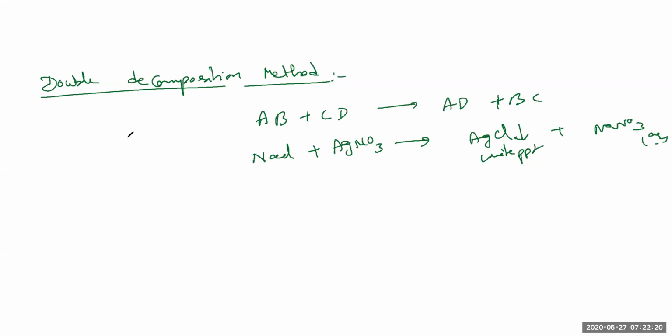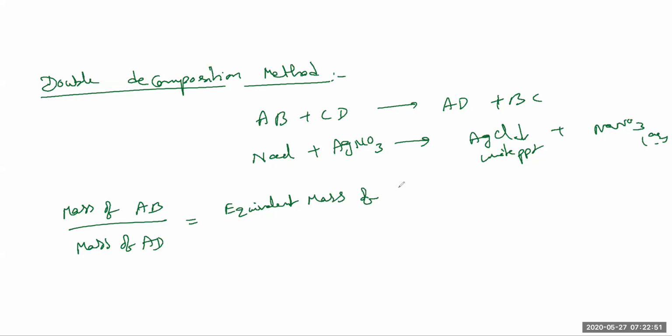Equivalent mass. Take now. Mass of AB by mass of AD is equal to equivalent mass of AB divided by equivalent mass of AD.